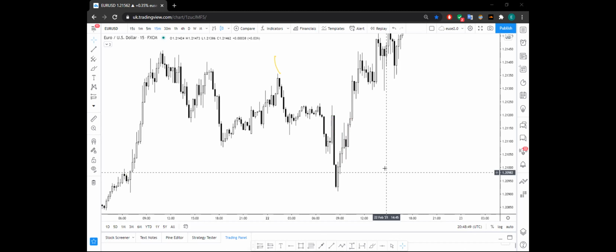So a V shape, look at this candle here. You see that candle there? If you take the open of this candle and this candle, that is already a V shape. That's a wick, right? Yeah, that's a wick on the high time frame.